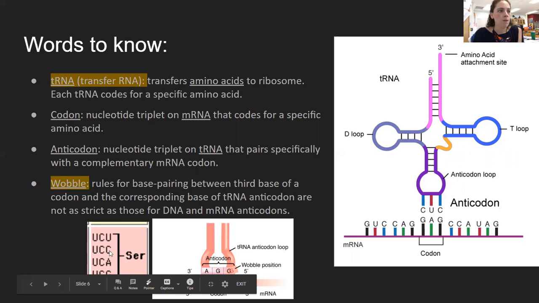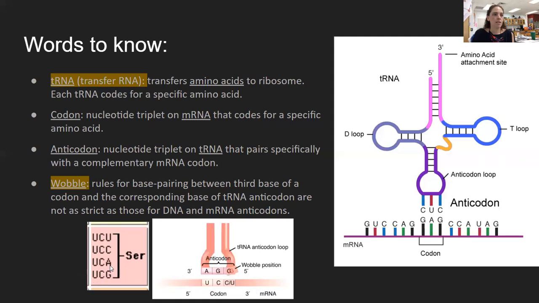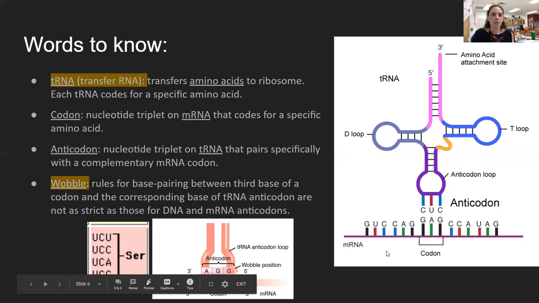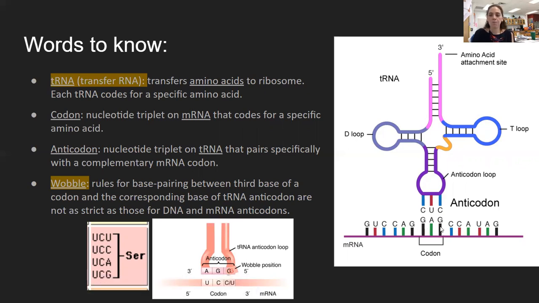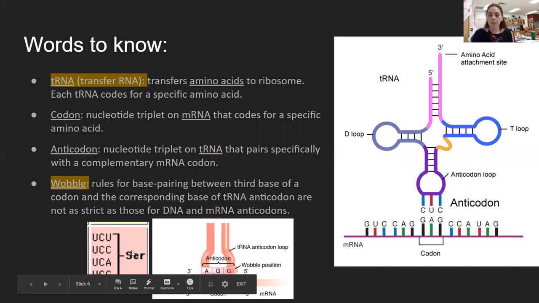Wobble refers to this 3rd nucleotide in our codon. And so this 3rd base of our codon and the corresponding base of our tRNA are not as strict. So if there was, say, a typo in this mRNA, a mistake that happened during transcription that didn't get caught, then it's still going to code for the same amino acid.